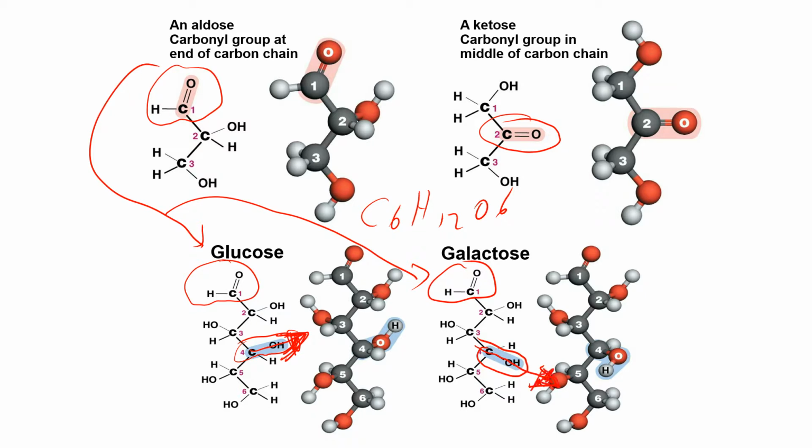So the spatial arrangement of these chemical groups varies, and they're isomers of one another, not because of whether they're aldose or ketose sugars, but because of the spatial arrangement of their OH groups.